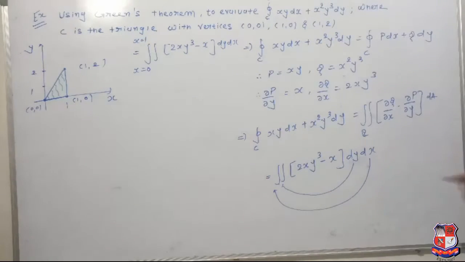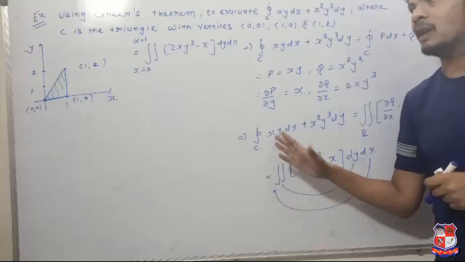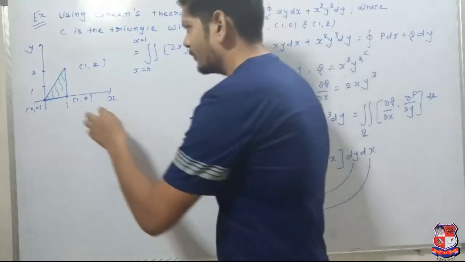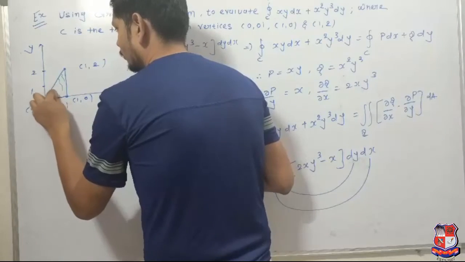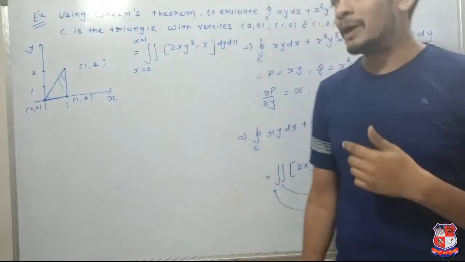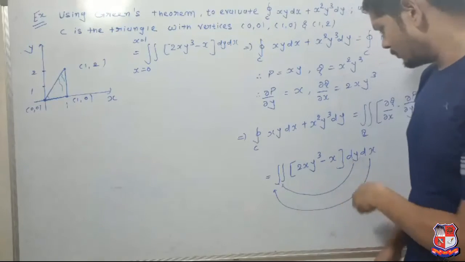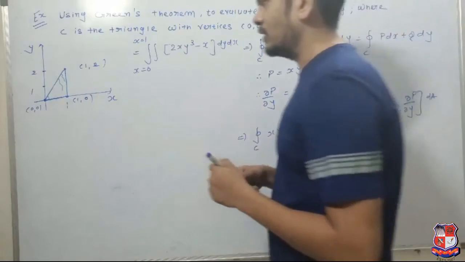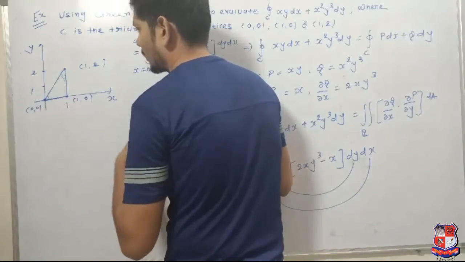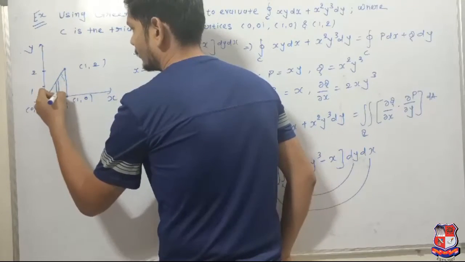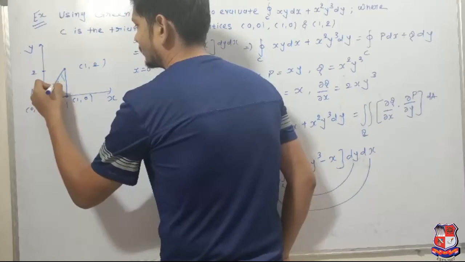Now next we need to find the inner limit. Now how to find the inner limit? If we want to find the inner limit, we have to draw a strip which is parallel to a particular axis. Here the limit of y is required, so we'll obviously draw a strip parallel to the y axis. This is a parallel strip to the y axis.